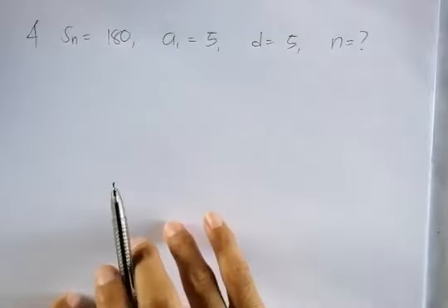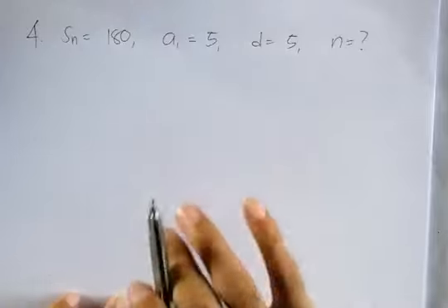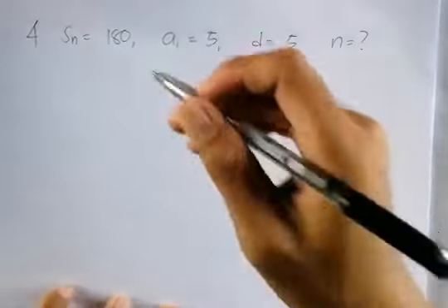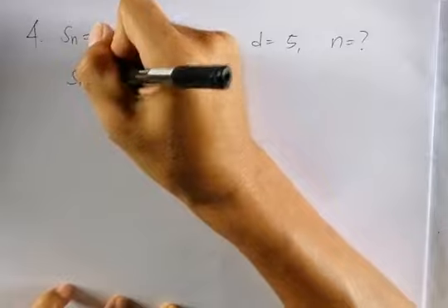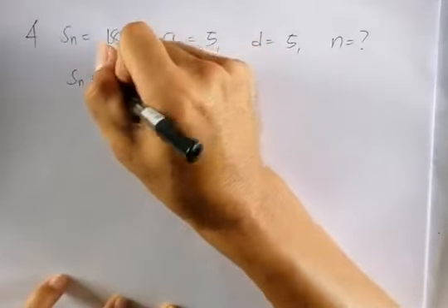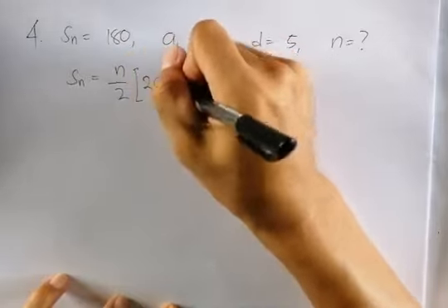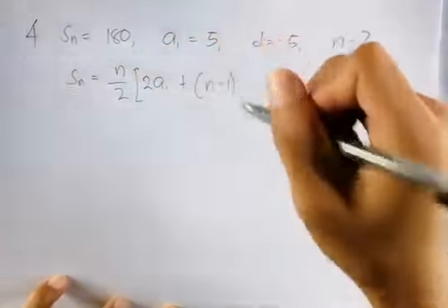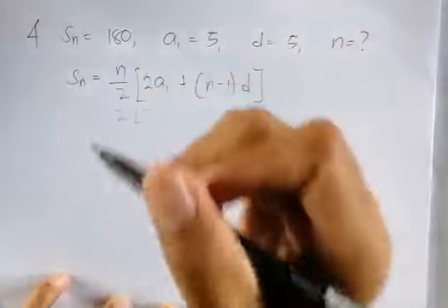Number 4, S sub n is equal to 180. A sub 1 is 5, common difference is 5, then n is unknown. And the last term is not given, so we can use formula number 2. So that is S sub n is equal to n over 2 times open bracket 2 times the first term plus the quantity of n minus 1 times the common difference.